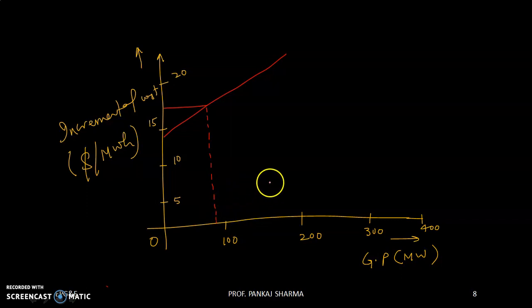This kind of plot of incremental cost versus generator power is called your incremental cost curve.